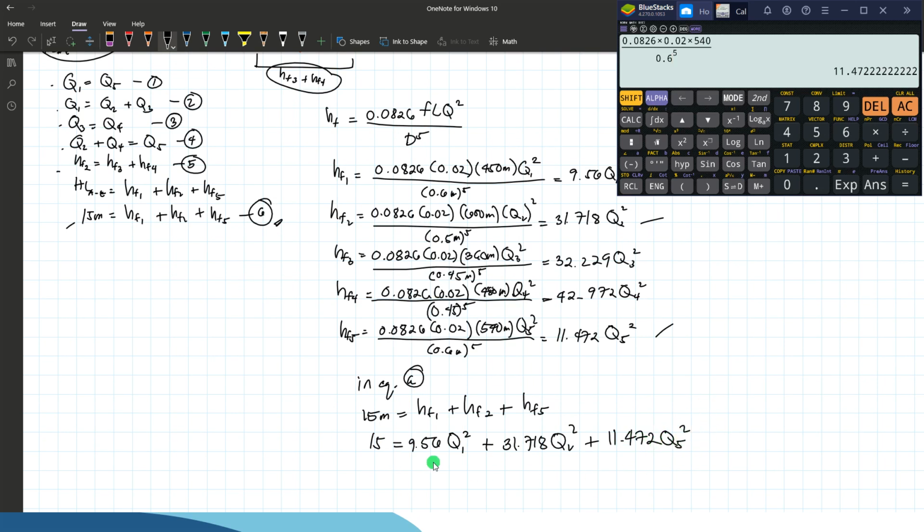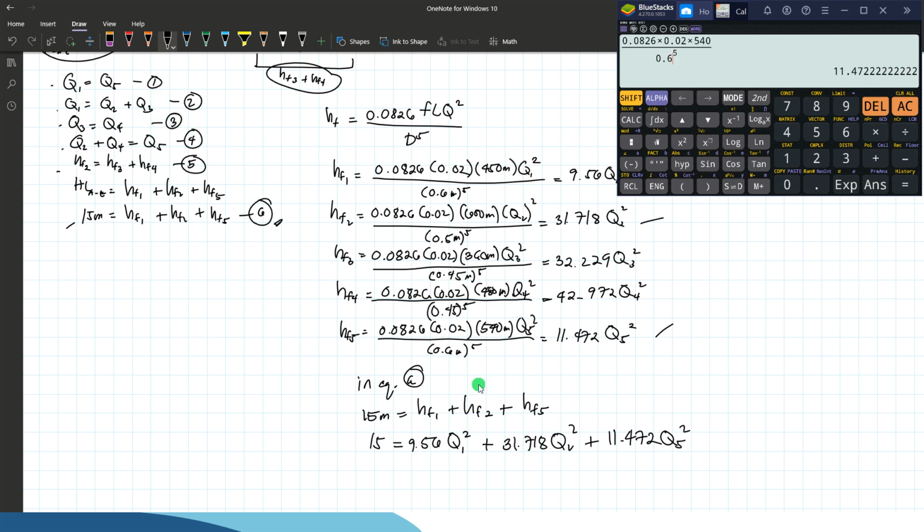So we have this equation with 3 unknowns. So basing again from the equations that we have derived earlier, we can substitute other values to eliminate some unknowns.